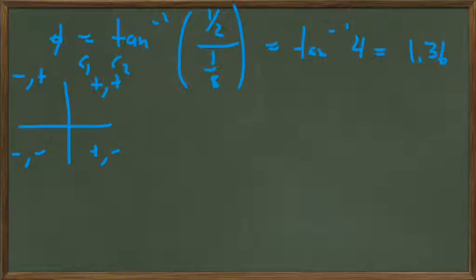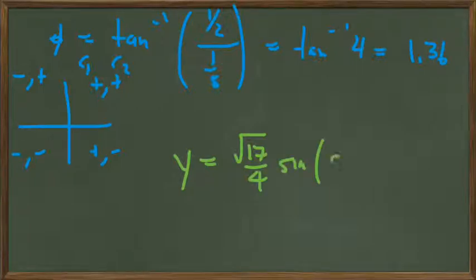So now we have our solution expressible in this other form. The amplitude A, the square root of 17 over 4, sine of 8 square roots of 2 t plus phi, where phi was 1.36. When does this return to equilibrium?